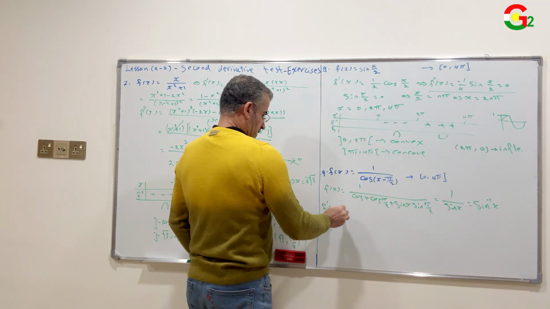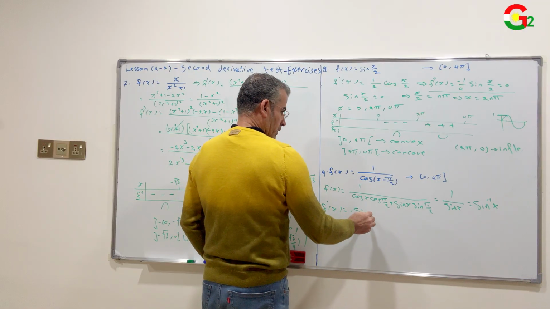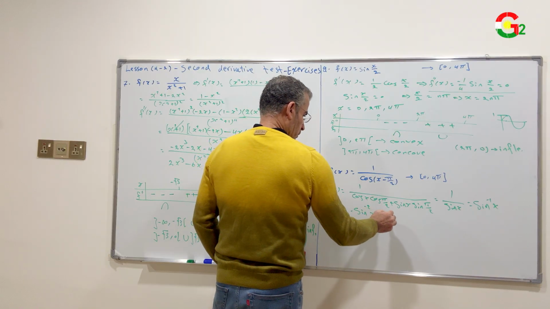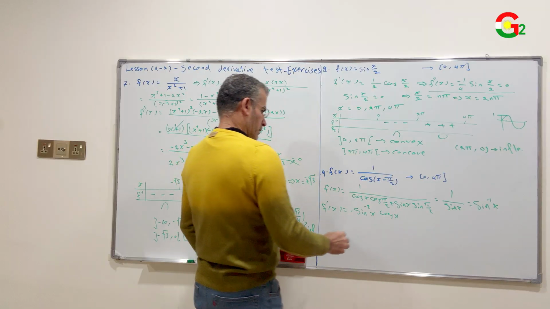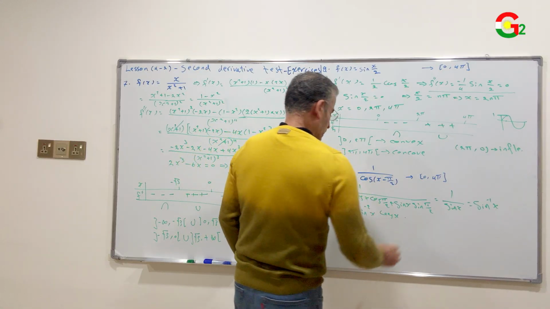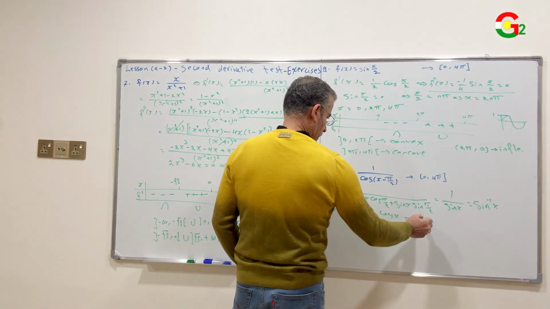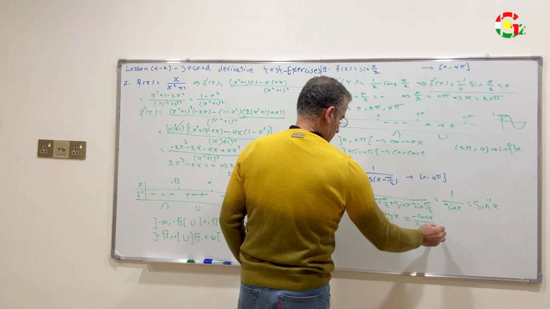The derivative of this function equal to negative sine to the negative 2, times cosine x, equal to negative cosine x over sine square x.